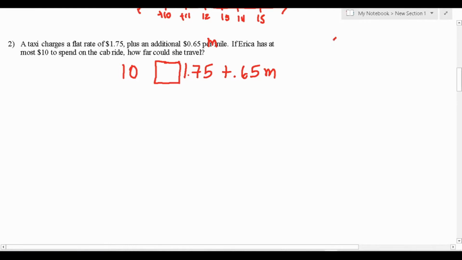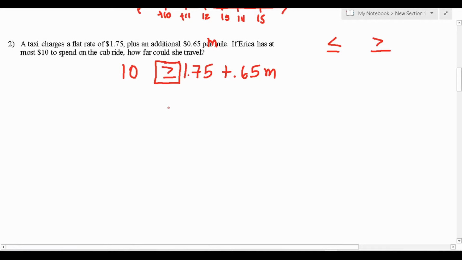So we know we're going to use either less than or equal to or greater than or equal to. If you think about this, this is the amount she's spending on the cab ride, which can be no more than $10. So this amount has to be less than or equal to $10. Okay? So we're going to use this symbol.